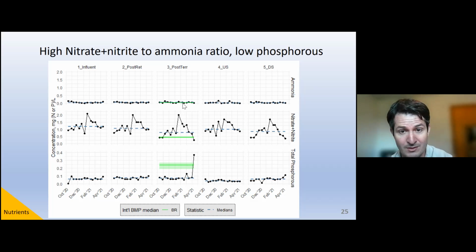I didn't say this before, but these green bars in the middle column are the international BMP statistics for bioretention cells, just showing how my data compares to others. Something notable here is that my nitrate leaving the bioretention cells is generally a lot higher than the median nitrate from other bioretention cells in this BMP database.